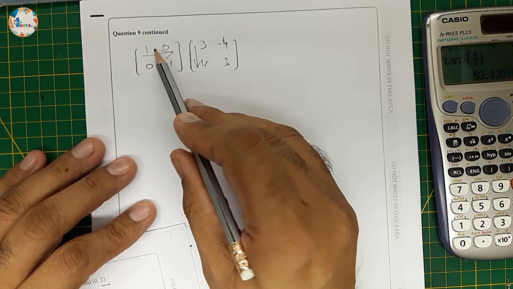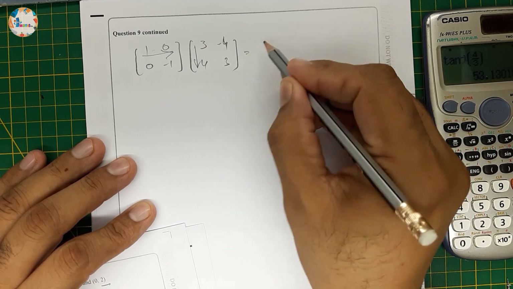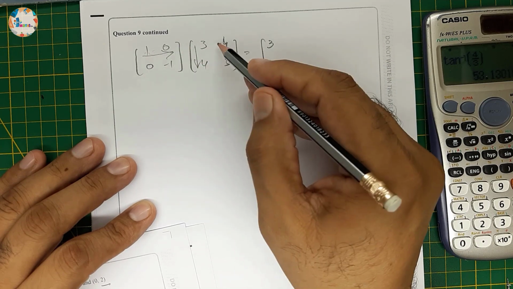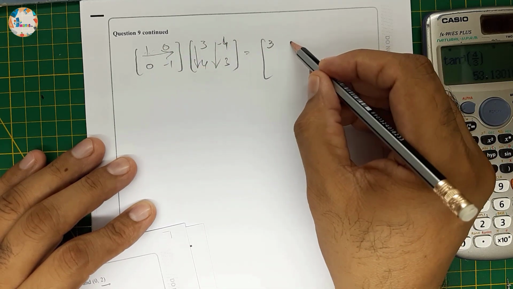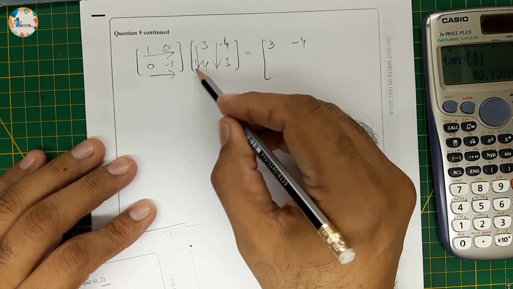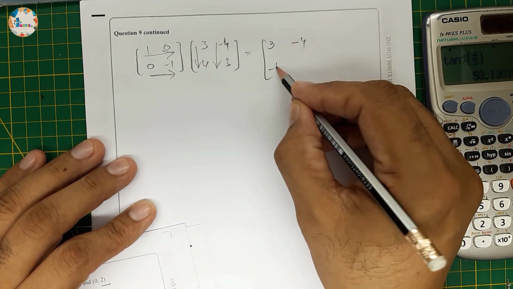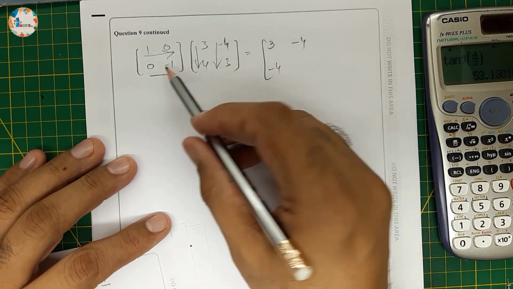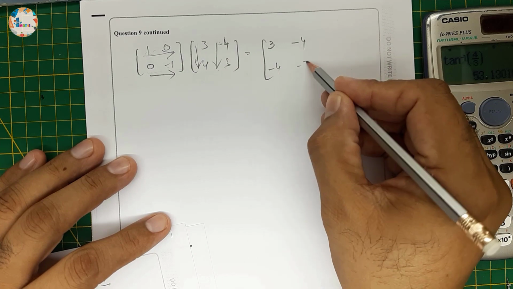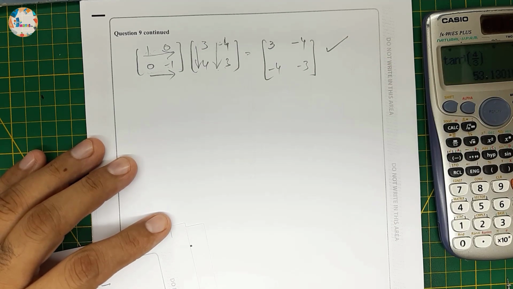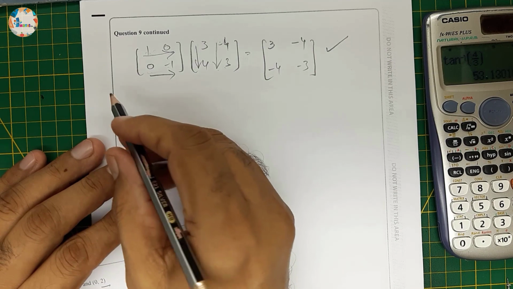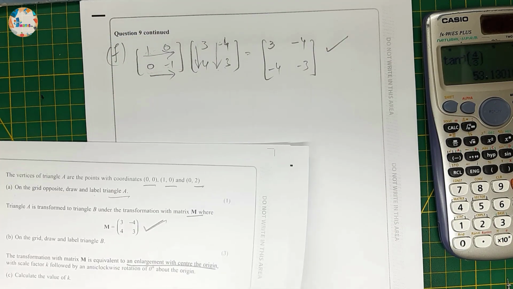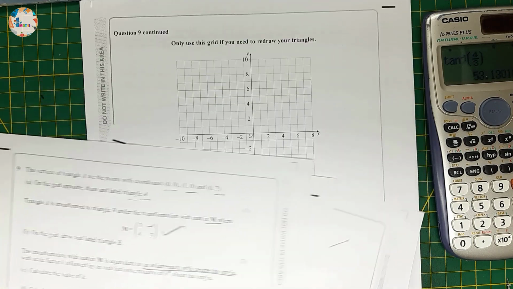So this into this will be 3, because this will be 0. First row and second column will be resulting to -4, and second row first column will be resulting to 0 and -4. So this will be -4, and this second row second column will be resulting to -3. So this will be basically the matrix which is required. This is the answer for part F. We can mention over here as F. So this question is also done.